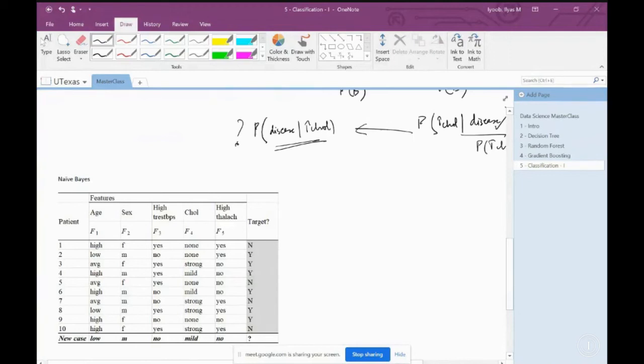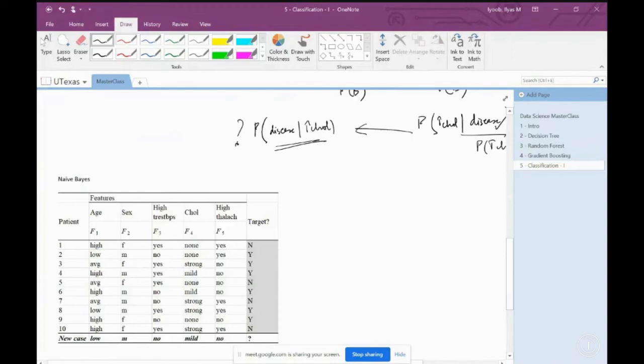Now a new case has come in down here. I have a new patient that is low in age, so a young person. It's a male. The person does not have high blood pressure, has mild cholesterol, and does not have a high heart rate.